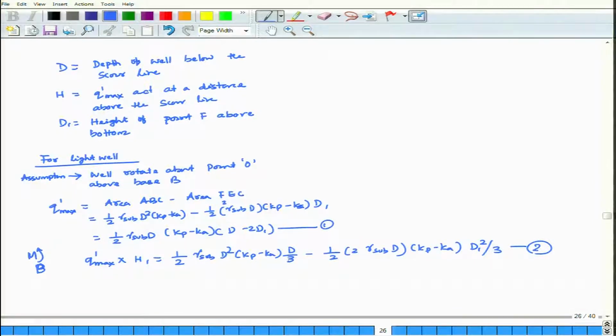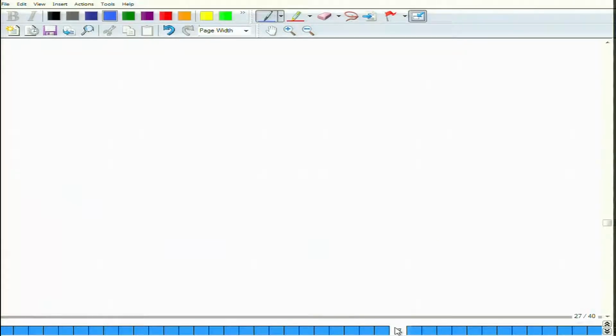Now, substituting equation 1 into 2, then what will happen?